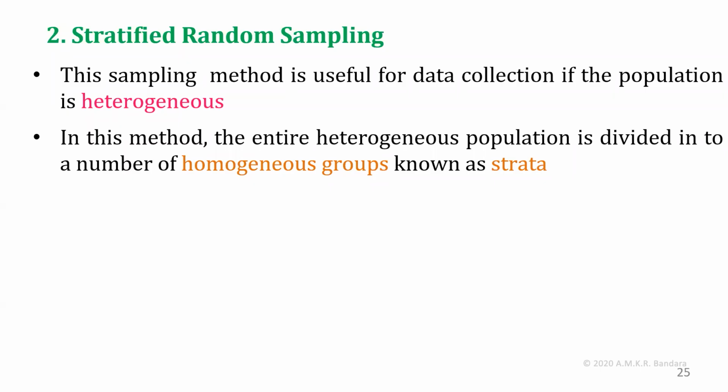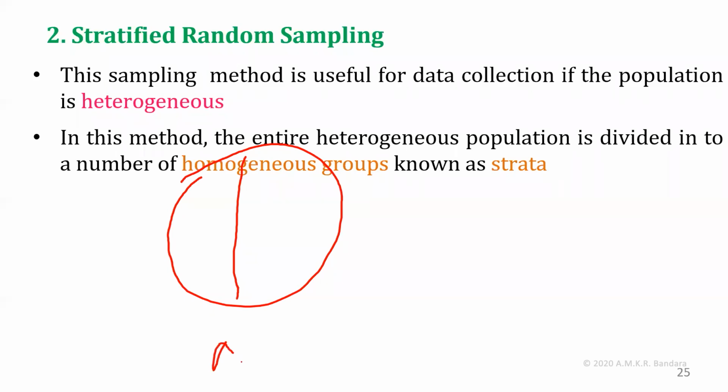Therefore, we can use stratified random sampling. In this sampling method, what we are doing is, first the population is divided into groups which are similar in their information on another variable. We call this an auxiliary variable.